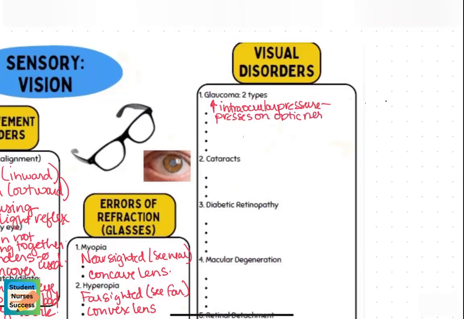This increased pressure, as it presses on the optic nerve, can actually damage the optic nerve irreversibly. So once vision is lost due to glaucoma, you can't get it back.